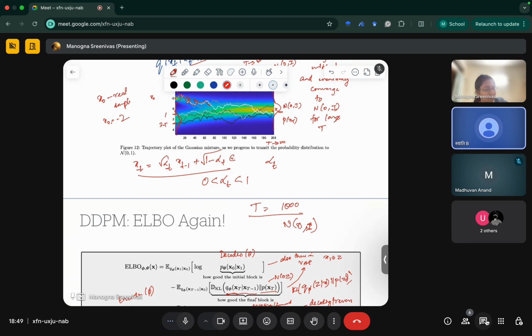Is there any while loop in the algorithm that will auto exit, saying now your distribution is normal? You can never say that. What do you call a normal distribution?